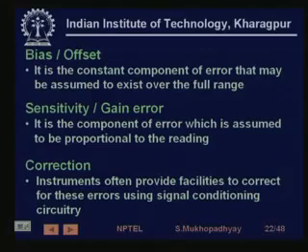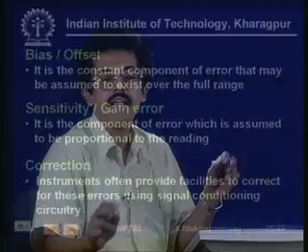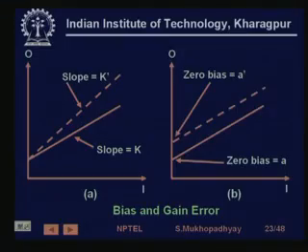So if you are measuring 10 degrees centigrade, then the error due to gain error is going to be half of what you get when you measure 20 degrees centigrade. So we assume that the errors are of two kinds, and in typical sensors and instruments, very often they can be corrected by electronic signal conditioning means. That's what is depicted: a zero error is a bias, and a slope error is your gain error.